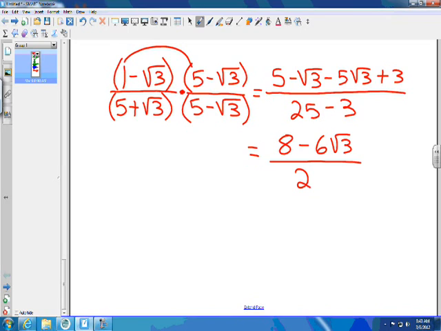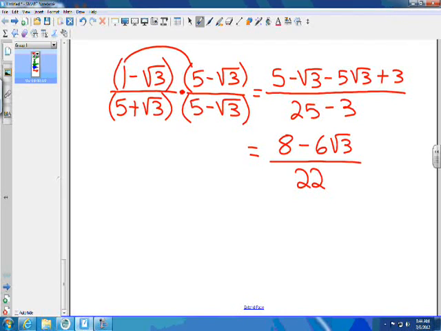All over 22. What does that look similar to from your past? When did we get answers that looked like that? Somebody said it. Parabola thing. Yeah, what do we call that? Quadratic formula. Absolutely. And that's exactly what we've got here, an answer that looks just like quadratic formula.